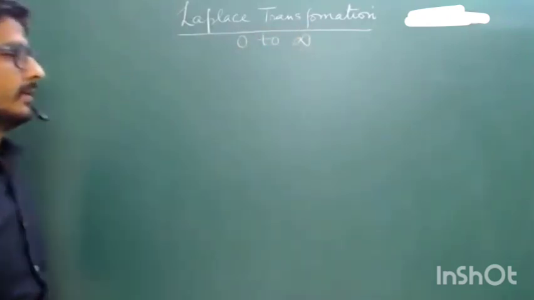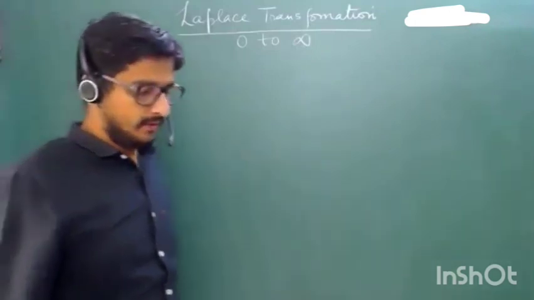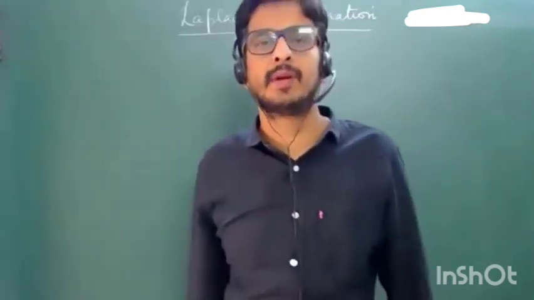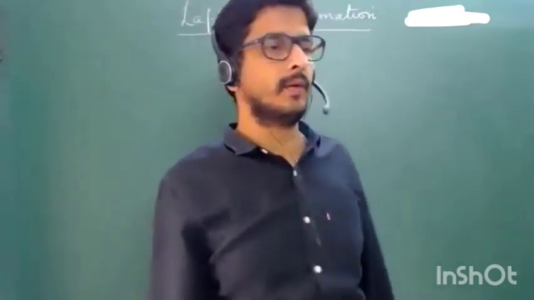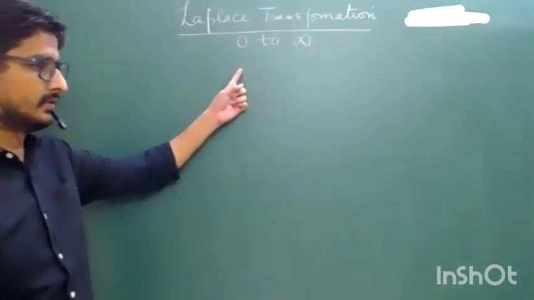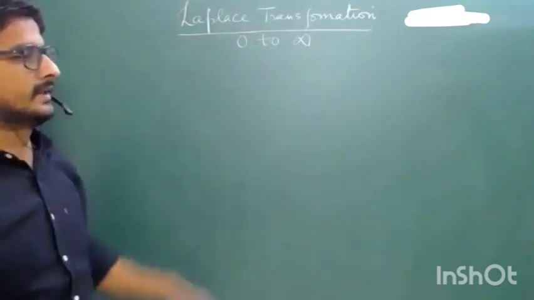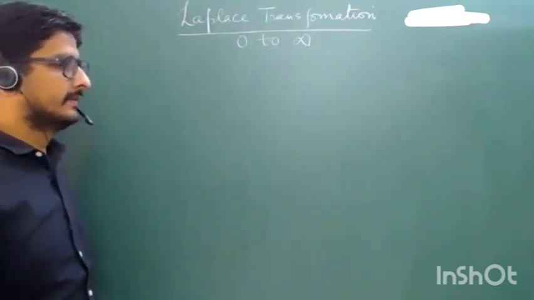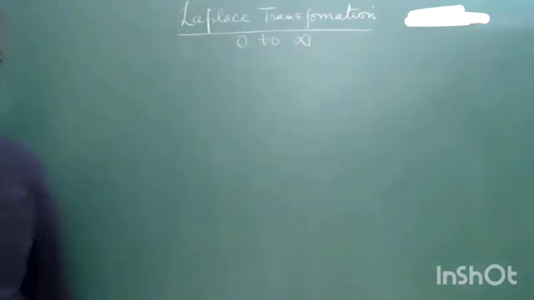Okay, so the problems involving spherical polar coordinates and problems involving cylindrical coordinates, Laplace transformation will be used, because you can see that limit in this case will be 0 to infinity.